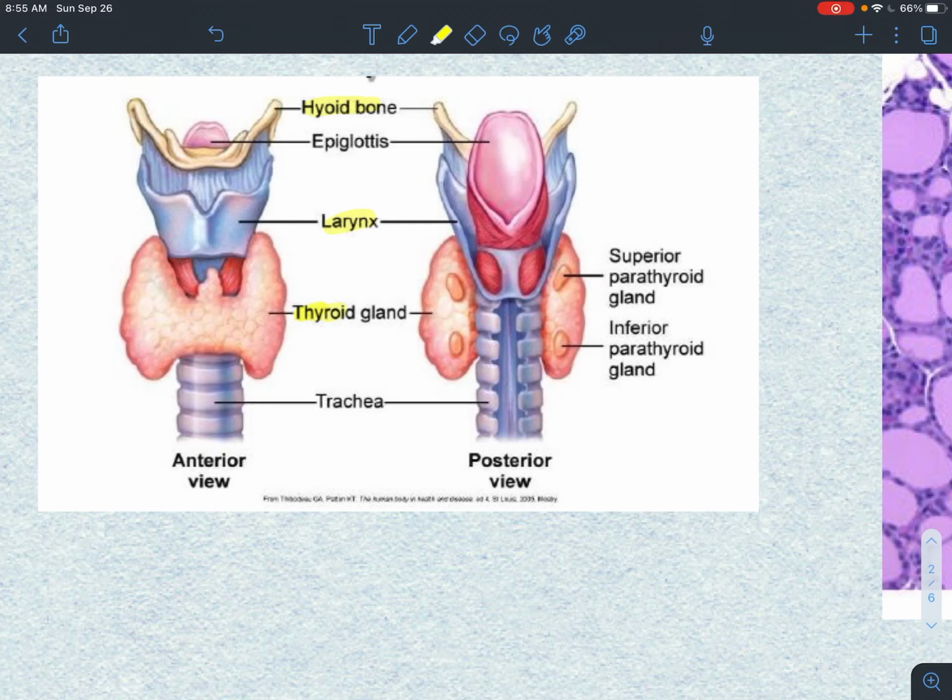And so on the left side of this picture, you have the anterior view, and on the right side of the picture, you've got the posterior view. So this is your anterior view, and this is your posterior view.